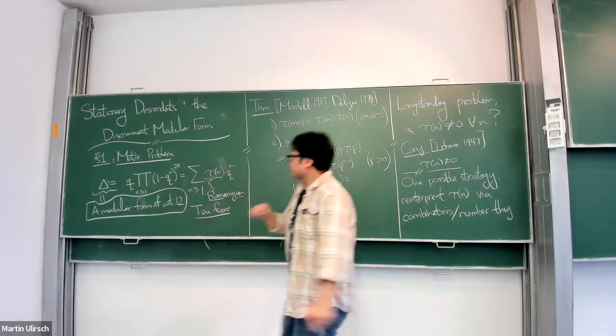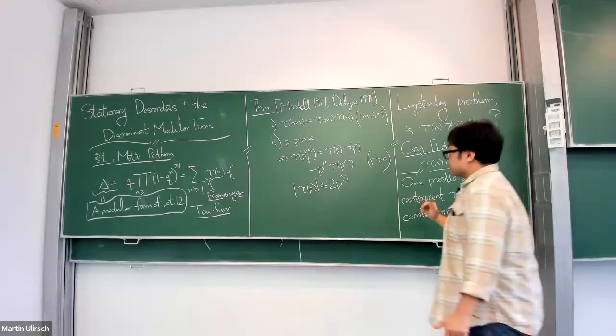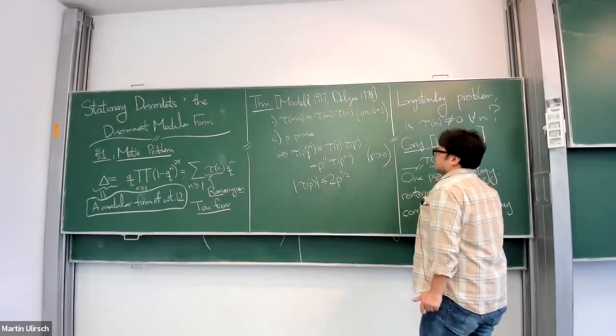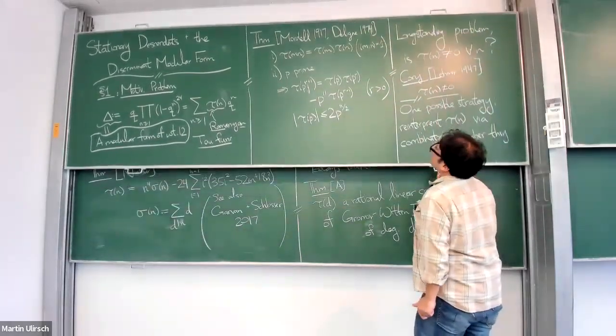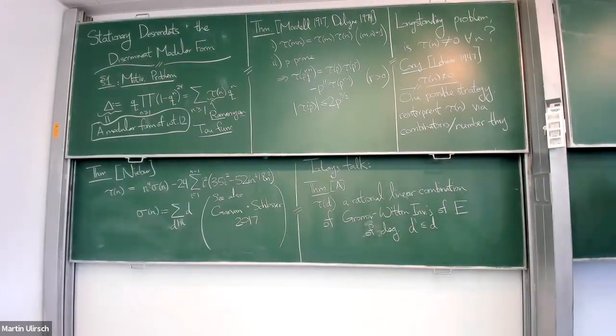So keep in mind that the tau function is captured by a weight 12 modular form, which I'll unravel in a second. So let us now go to Gromov-Witten and see how we get back to that.